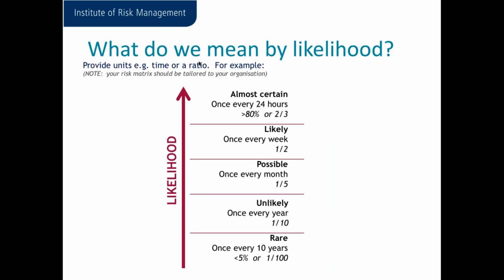So we should use fairly quick and simple methods to do that. What we can do qualitatively is to provide as much tangible and unambiguous guidance as possible. So actually putting these ratings in so that people understand what you mean by those descriptive terms of insignificant up to major or rare up to almost certain.